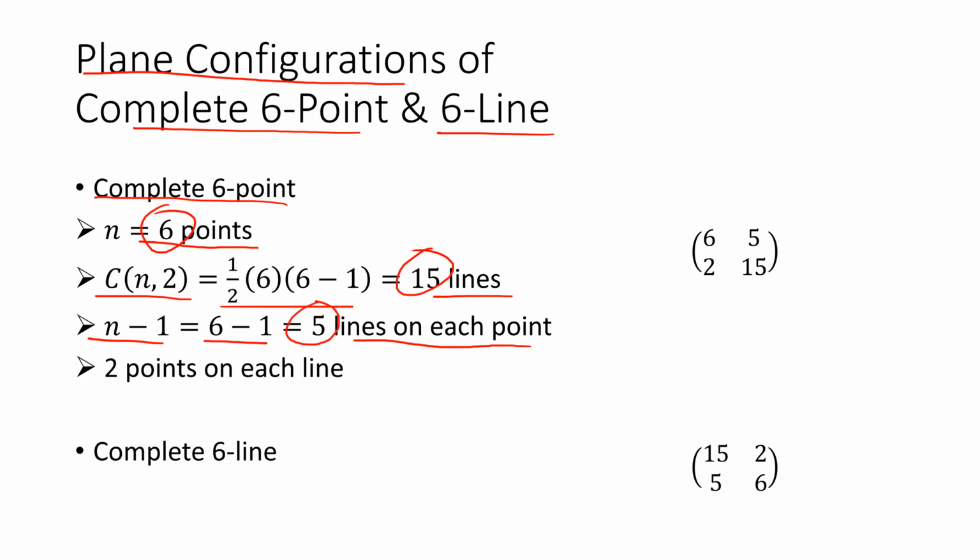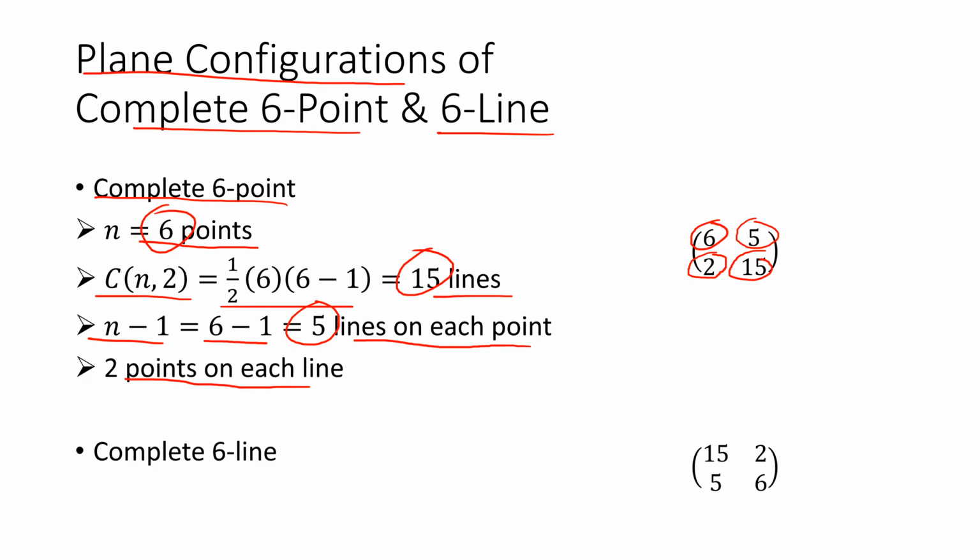And remember, for any complete endpoint, we only have 2 points on every line. Therefore, for the plane configuration, we have 6 points, 15 lines, 5 lines on each point, and 2 points on each line.